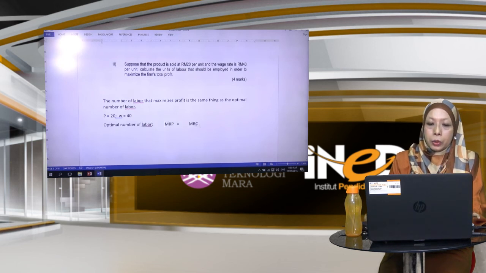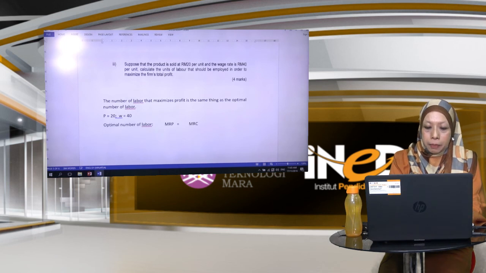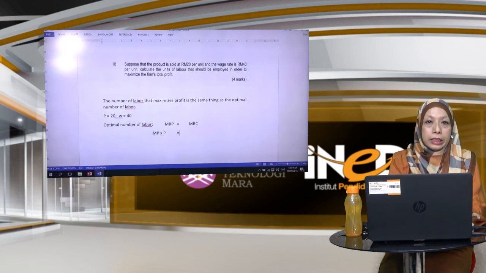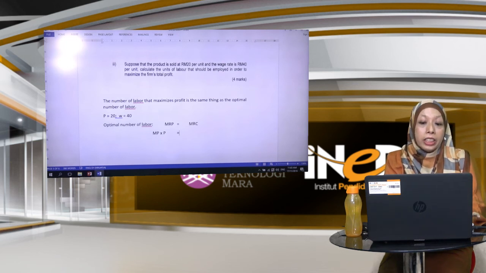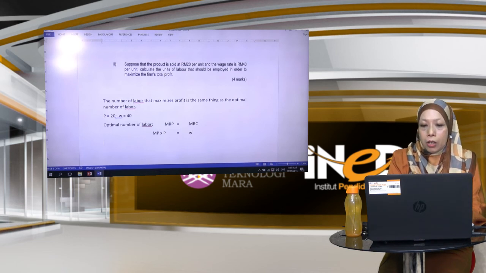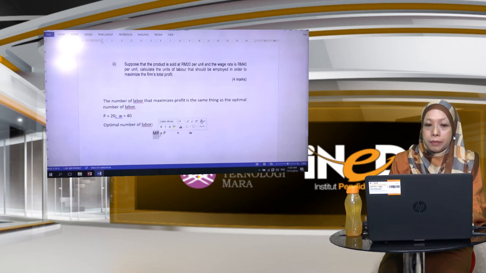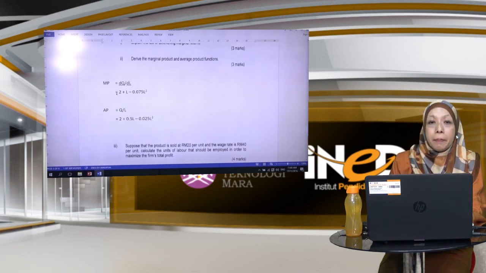Marginal revenue product is defined as marginal product multiplied by price, and marginal resource cost is the cost of hiring your variable input, in this case the wage rate. The marginal product here can be represented by the marginal product function which you derived earlier in question 2.